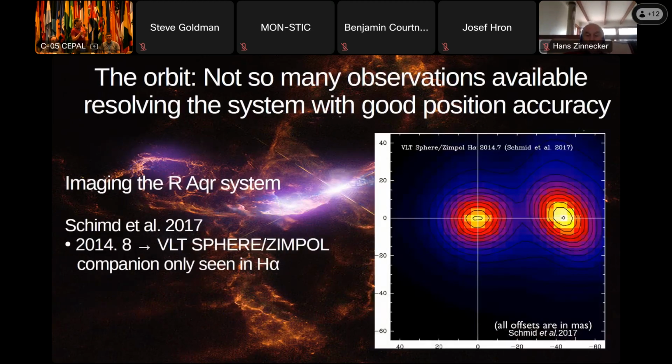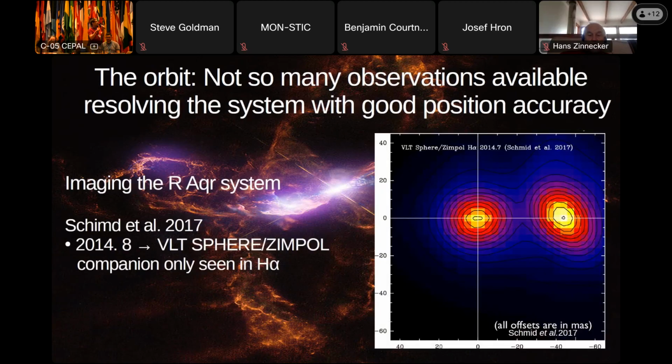Yeah. So there exist a lot of observations of Mira, but there are not so many observations that we can use to image the system with a good position accuracy, and that we can use after to derive the orbit.